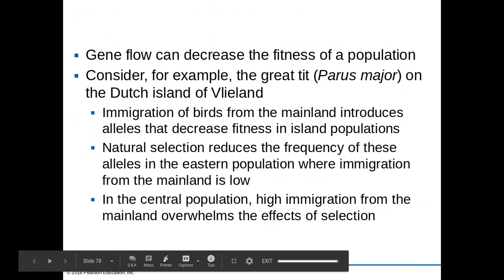And then natural selection acts on these less fit individuals and reduces the frequency of these alleles where immigration is low. But when there are high immigration rates in the central population, the mainland immigration was overwhelming the effects of selection. So the gene flow increased these alleles even though they were deleterious.